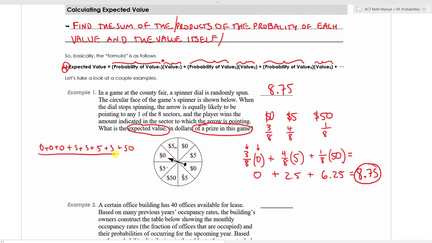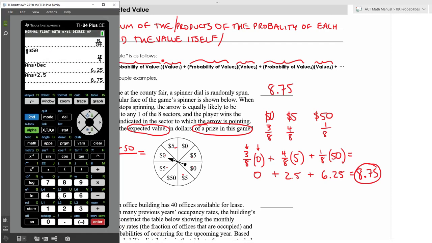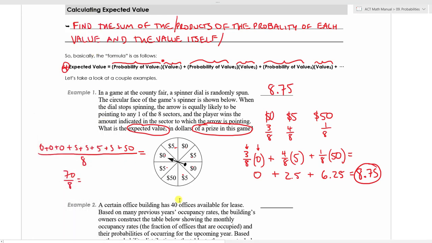When we add up all of those and we divide by 8 and get our average, we will actually get exactly the same thing as our expected value. This is going to come out to 70 divided by 8, which equals 8.75, exactly the same thing.